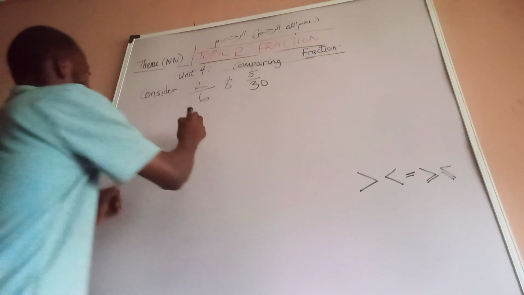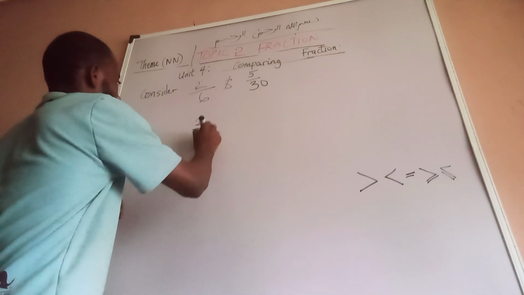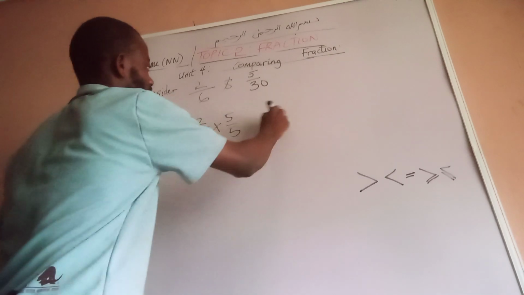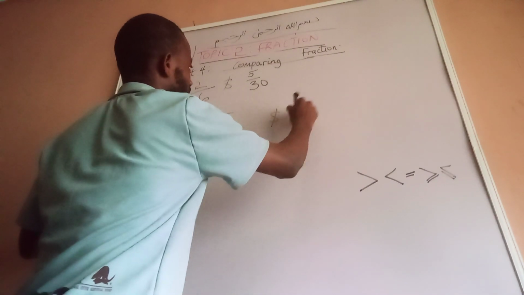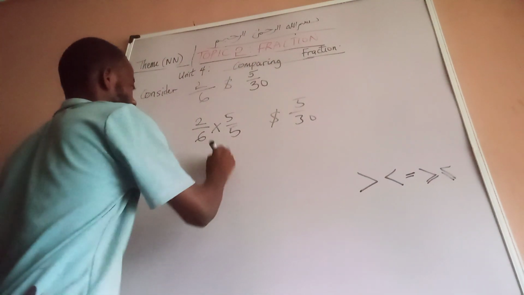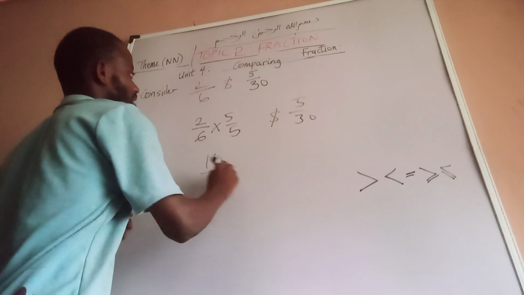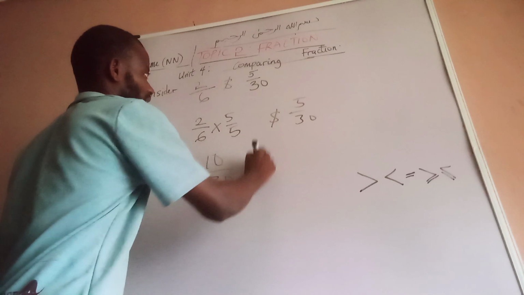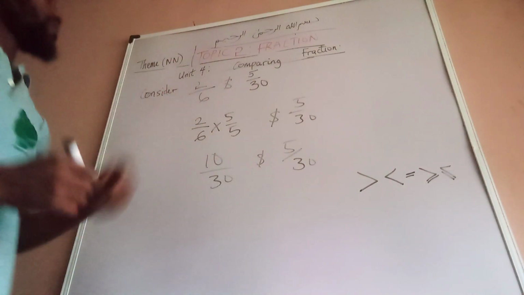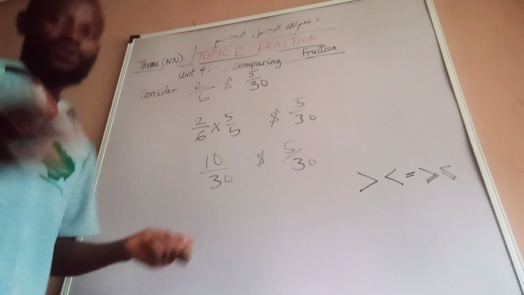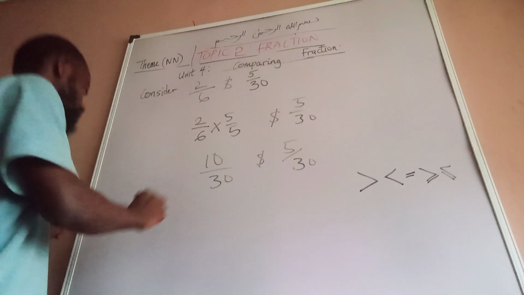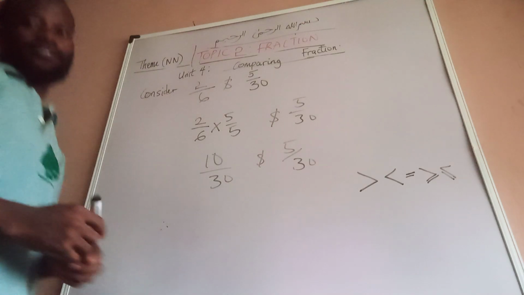So it will now be 2 over 6 times 5 over 5 and 5 over 30, right? Then 2 times 5, 10 over 30 and 5 over 30. This is what we see. So now, therefore, since we have 10 over 30 and 5 over 30 that we are comparing, which one is bigger?